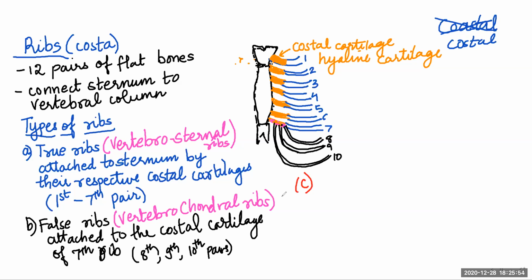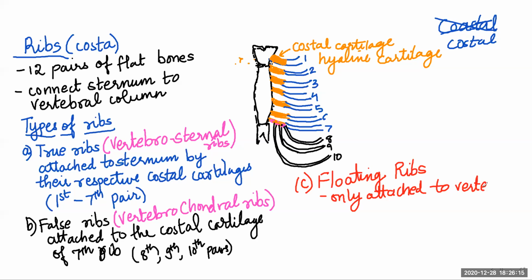Chondrology. Then the last type of ribs are called floating ribs. They are called floating ribs because they are not attached to sternum at all. They are only attached to vertebral column.